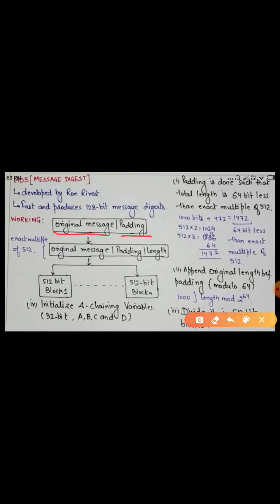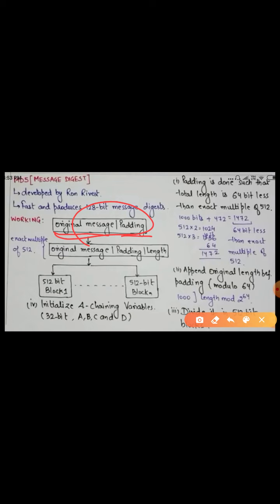Here padding is done such that the total length is 64 less than an exact multiple of 512. That is, after adding the padding bits, the total length should be 64 bits less than an exact multiple of 512.